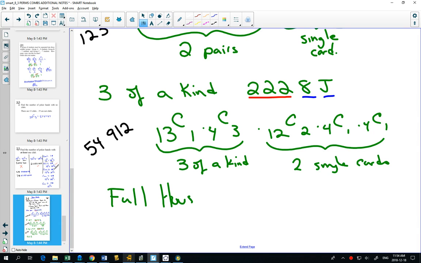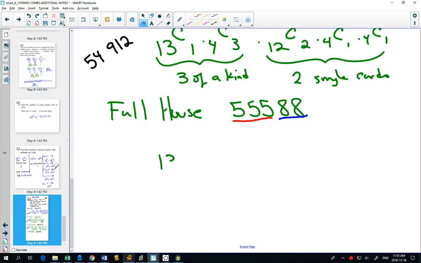Do you know what a full house is in poker? No? Yes? It's like having 3 of one kind and 2 of another kind. This is actually an easier one because you have no types of the same size. So you can just do them each separately. You choose one type or one kind to be your 3 of a kind.